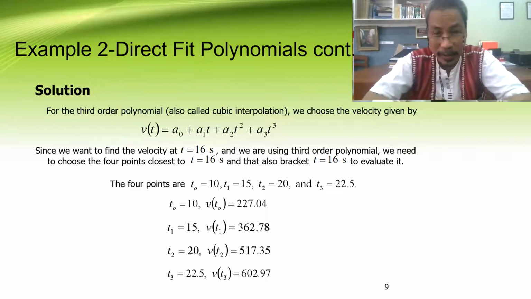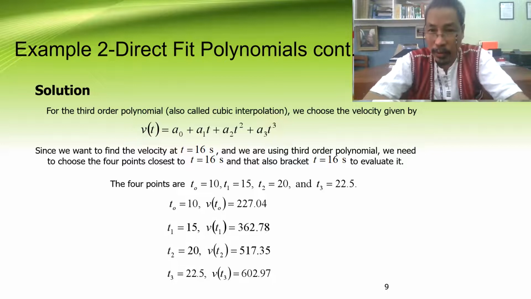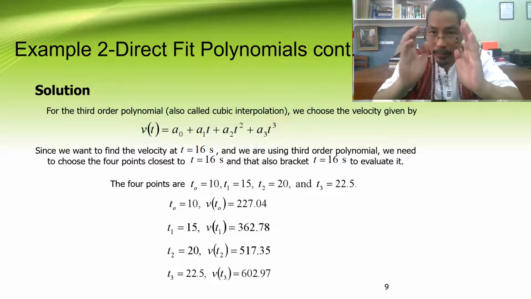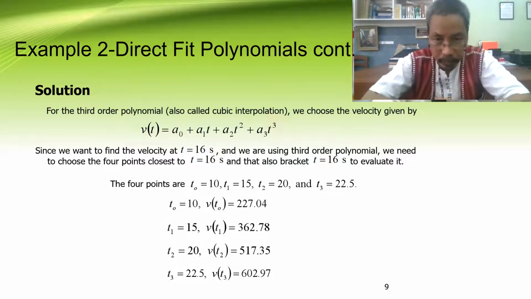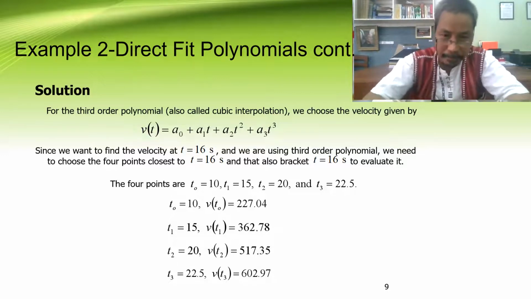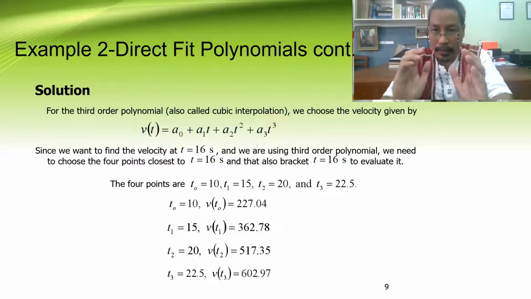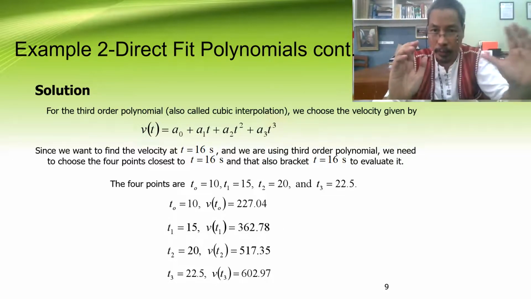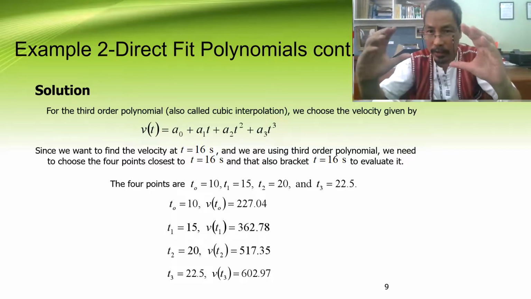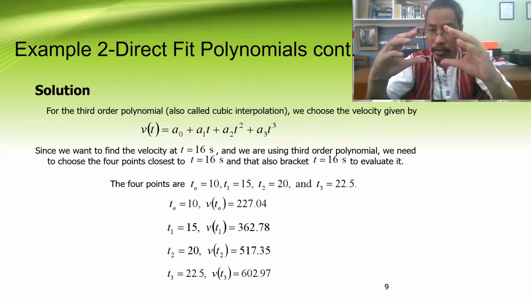The difference is the method. In our example 1, we only used 2 points that bracketed the target time 16 seconds. Now we use 4. When we use 4, there are 2 points on each side, so there are a total of 4 points.